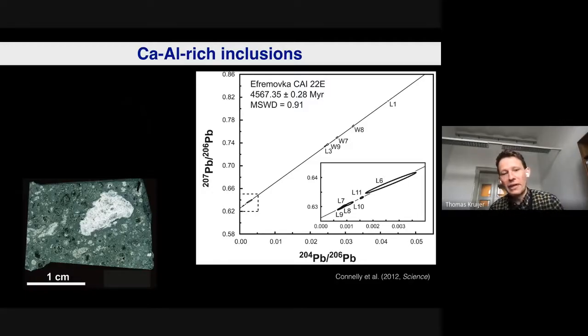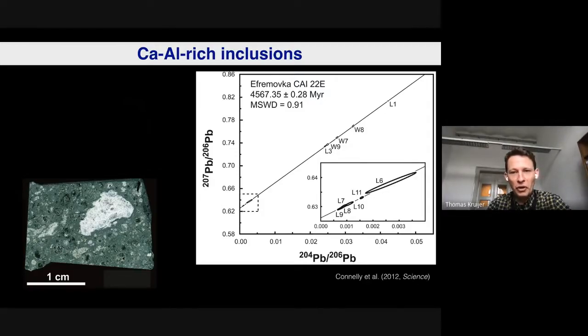Some of them are even direct condensates out of a hot nebular gas, so it's thought. And the good thing about them is that they can be very well dated using some decay systems, including the long-lived uranium-lead chronometer. So they can be precisely dated using this system.